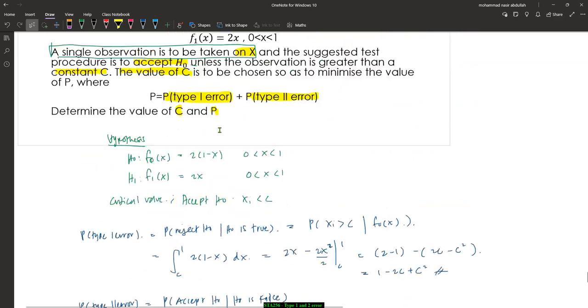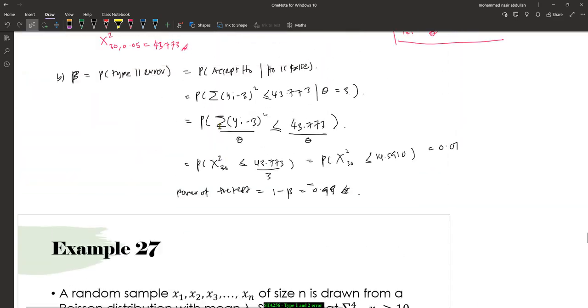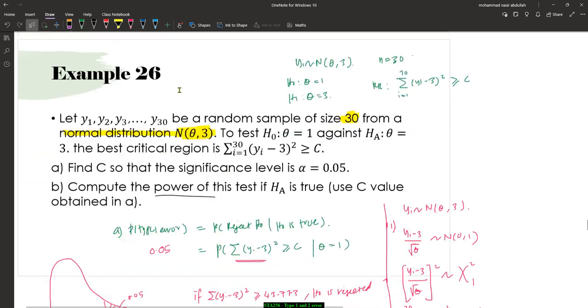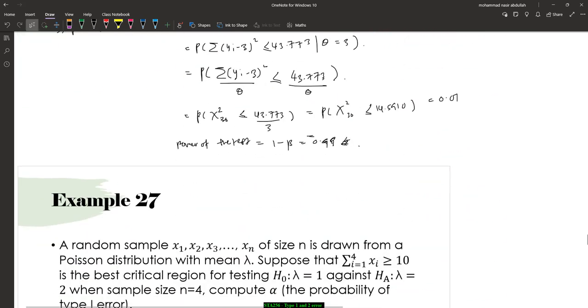So for this topic, what we looked at today is to find the probability of type 1 error and type 2 error only. And next we will look at how to find the critical region. Okay? Is there any question? No question. I think that's all. Thank you very much. Assalamualaikum.